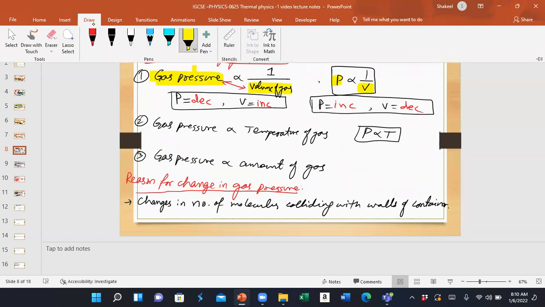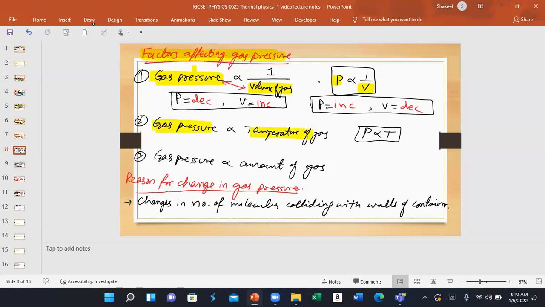The next factor is that gas pressure is directly proportional to temperature T. It's the same thing: if you increase temperature, pressure will increase. The third is that gas pressure is proportional to the amount of gas. If you fill more gas, if you increase the number of particles, of course the gas pressure is going to increase because then more collisions will be there.